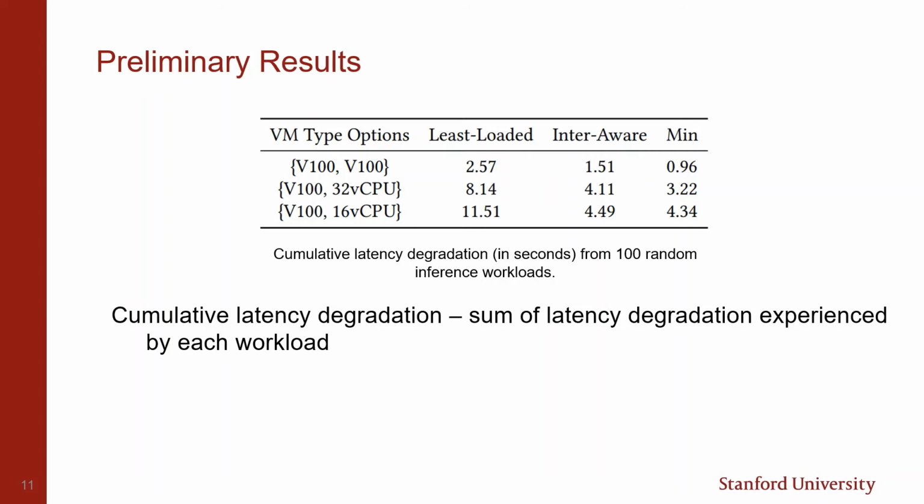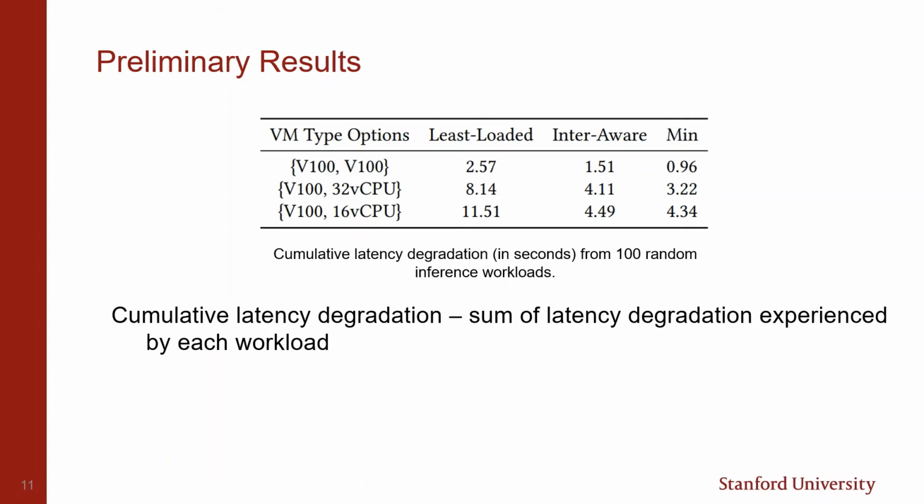If you would like to know more about the specific scheduler mechanisms, please see the paper. But for now, let me briefly go over some of the preliminary results. Here I'm showing the cumulative latency degradation in seconds from 100 random inference workloads using different scheduler policies. We're showing the results first of a baseline least loaded scheduler, the proposed interference-aware scheduler, and an oracular minimum scheduler.